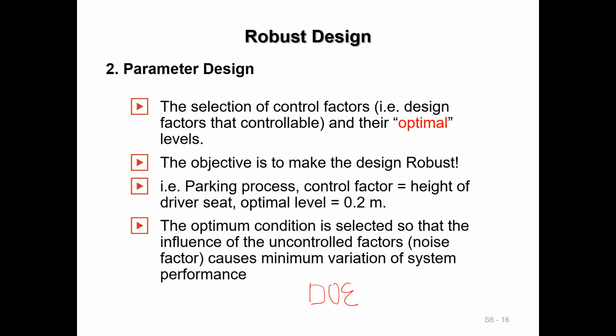So in robust design, in order for us to find the best match of the parameters, how many spoons of sugar, how many spoons of milk, how many spoons of coffee powder, and the amount of water, we need to go through a process we call design of experiment.